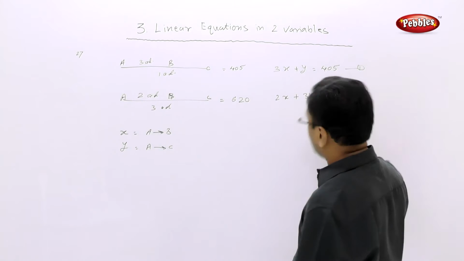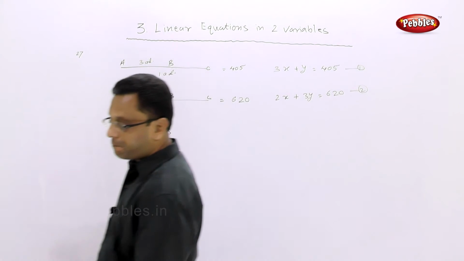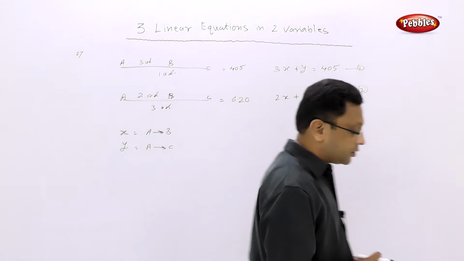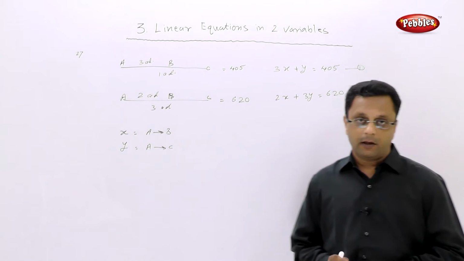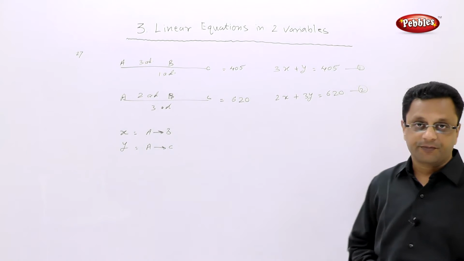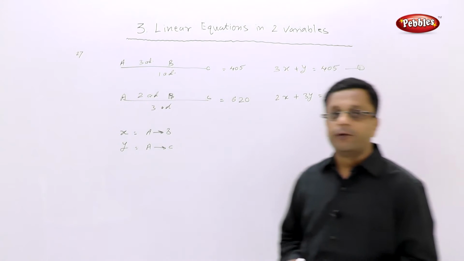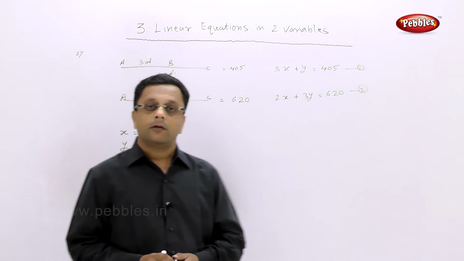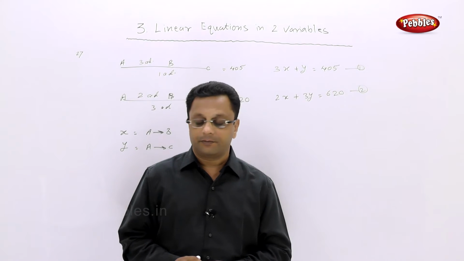These are the two equations we get. So you have to solve these equations simultaneously and find the values of x and y. Please pause your video here and solve these equations simultaneously.